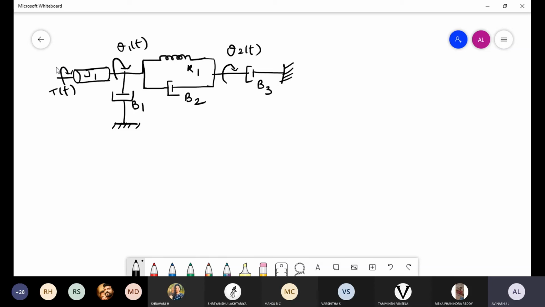And write this very clearly: the displacements on either side of the spring or damper must be different.